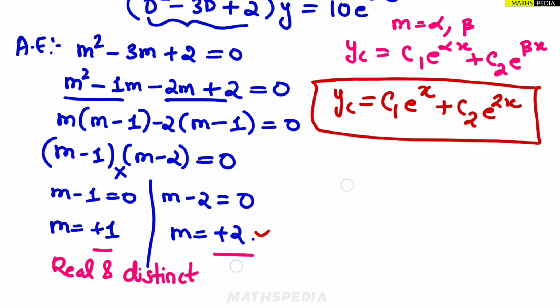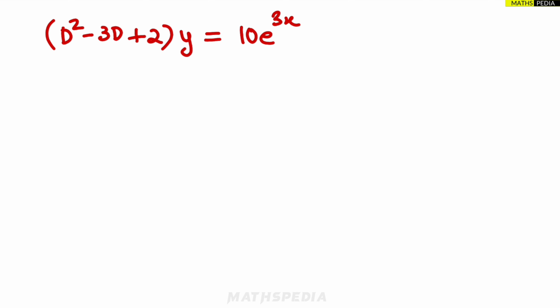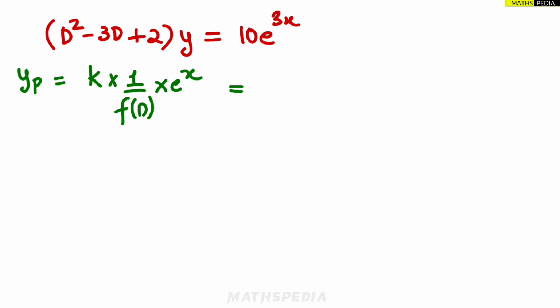Now we have to find the yp value. In order to find the yp value, it's quite simple. We have to bring it in the form of k into 1 by f of d into e power ax. Or in other words, you can remember that simply you have to copy paste the RHS divided by f of d.